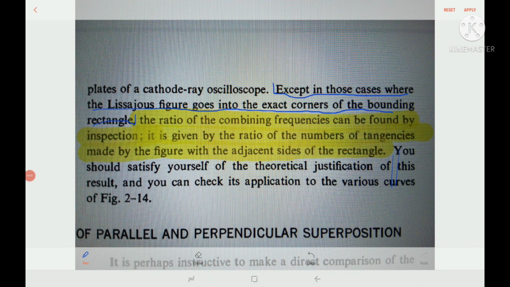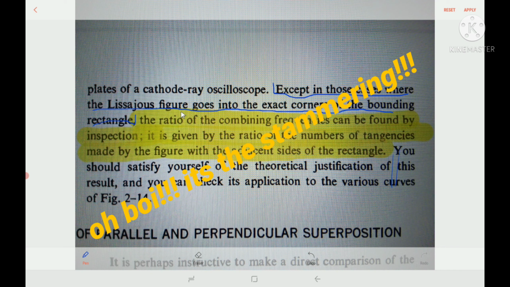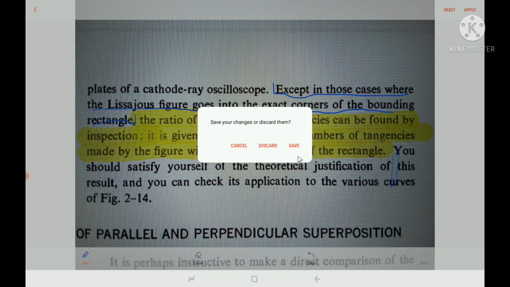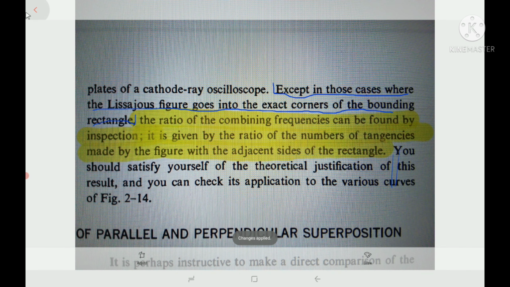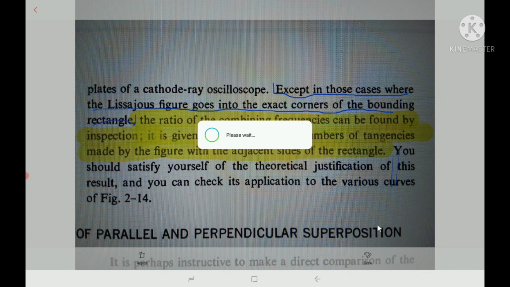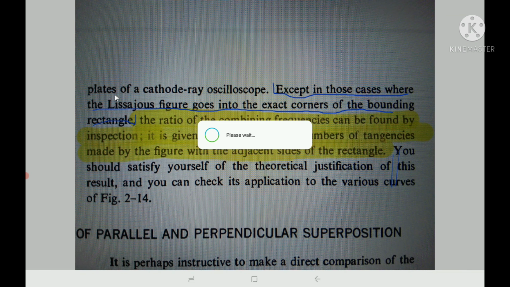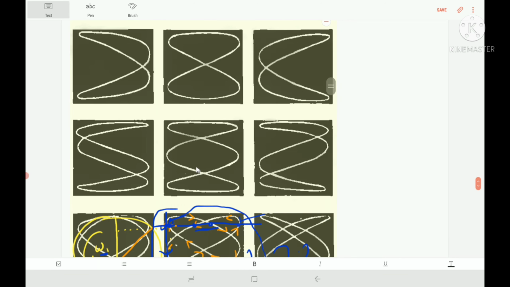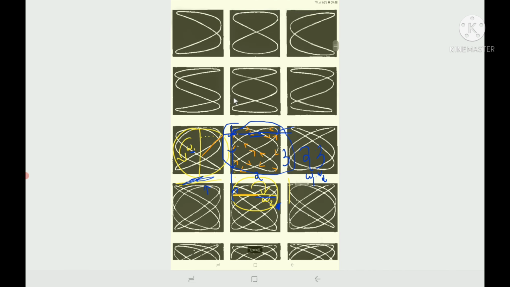However, if you see, there is also one thing that is written which I have just underlined, that except in those cases where the Lissajous figure goes into the exact corner of the bounding rectangle, what we have done is applicable to those cases where the figure does not run into the exact corner.